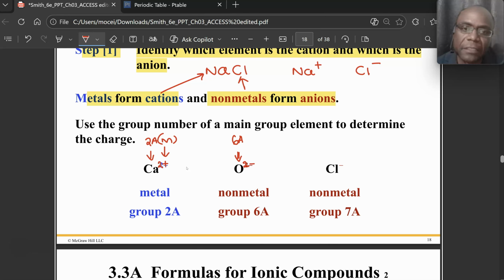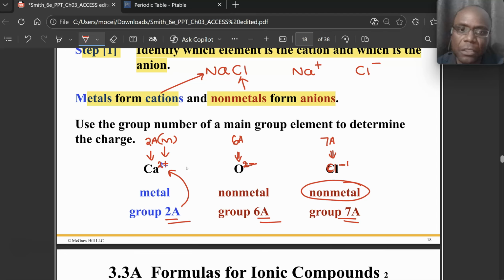It reacts by gaining 2 electrons, so it will be 2-. Chlorine here is in group 7A. It's 1 step to 8A. It reacts by gaining 1 electron. We know it's a nonmetal. So you have to determine where they belong and use that to determine their charges.